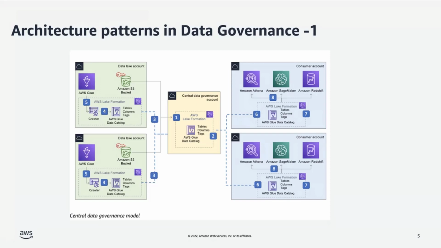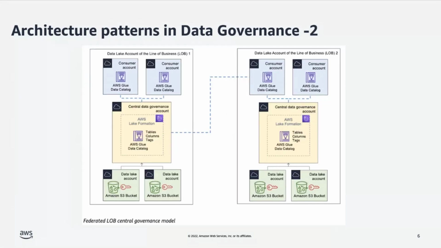The next model that we'll see, in the second model, there is one central Lake Formation account for permissions management within each line of business. So each line of business or department gets to manage their own data set fully, and the data is visible only within their line of business.